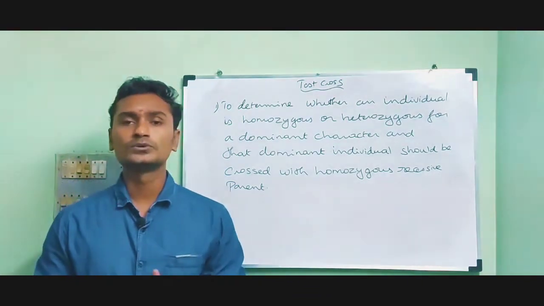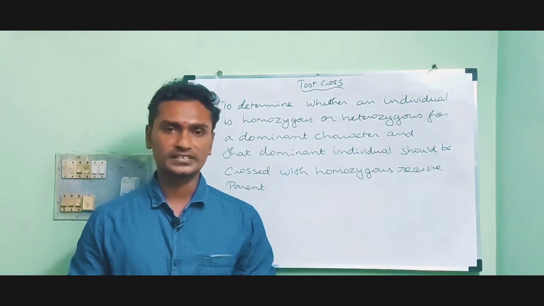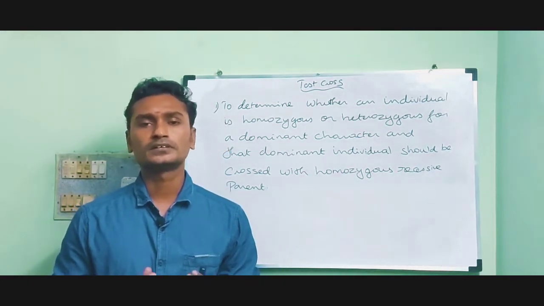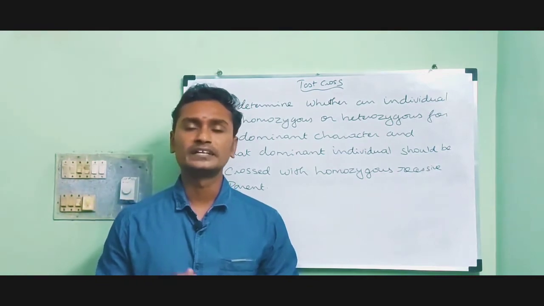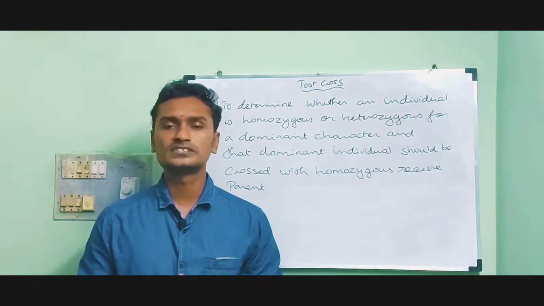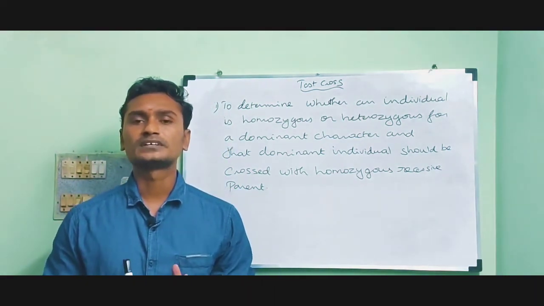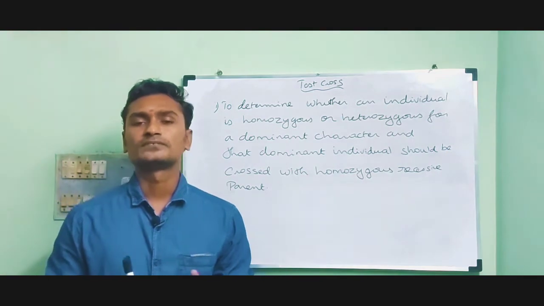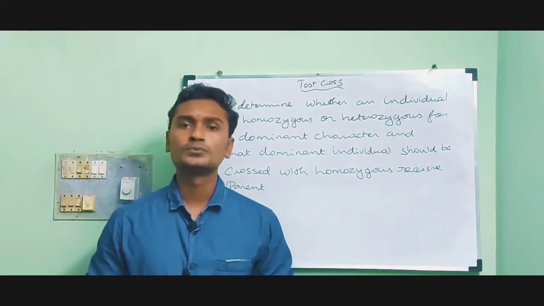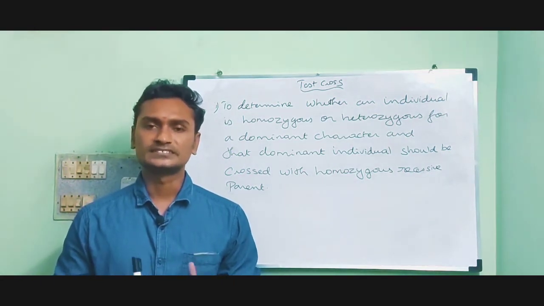Then he concluded the genotype of the dwarf plant was homozygous. Then he wanted to predict the genotype of the tall plants, so he crossed the tall plants from the F2 generation with a homozygous recessive parent. This is how Mendel constructed the test cross.